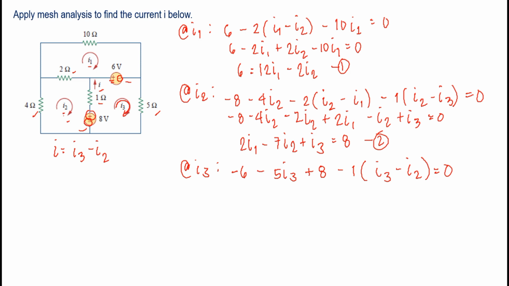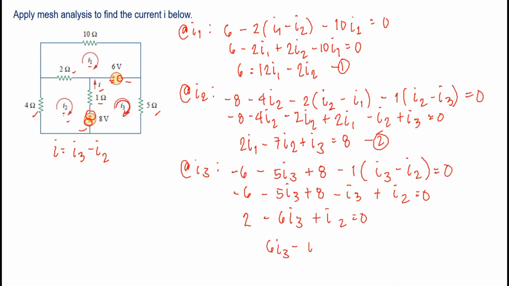So let's simplify. Negative 6 minus 5I3 plus 8 minus I3 plus I2 is equal to 0. We have 2 minus 6I3 plus I2 is equal to 0, or 6I3 minus I2 is equal to 2. And that is our third equation.